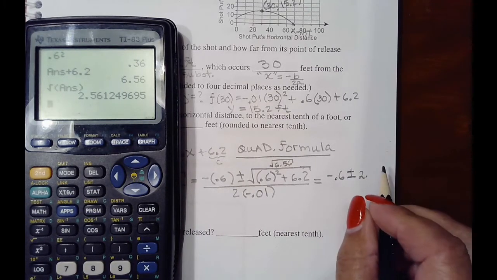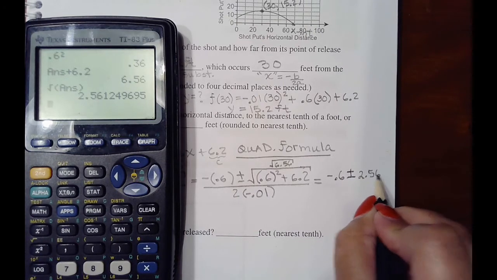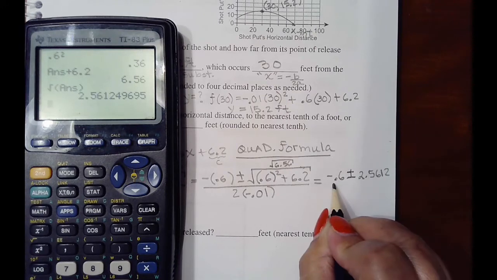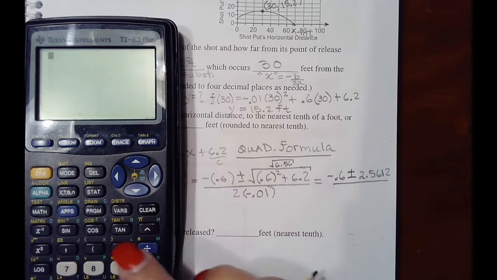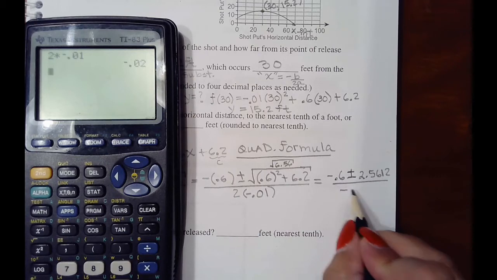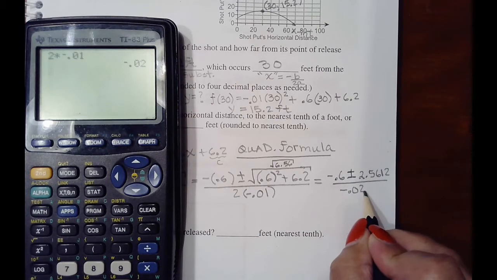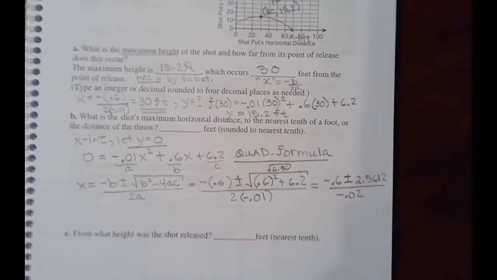I'm going to carry this out. You really shouldn't round so severely until you get to the final answer. Divided by negative, and you can put this in if you want to, 2 times negative 0.01. That's really negative 0.02.